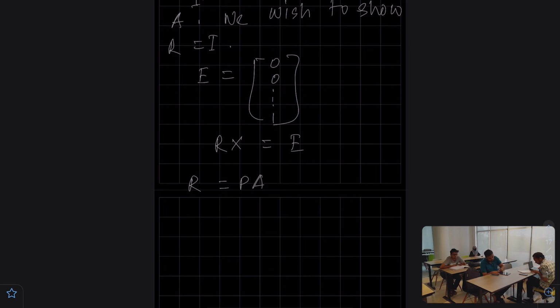Therefore, Rx equals E gives us PAX equals E, right? And AX equals P inverse of E, right? Does it make sense?